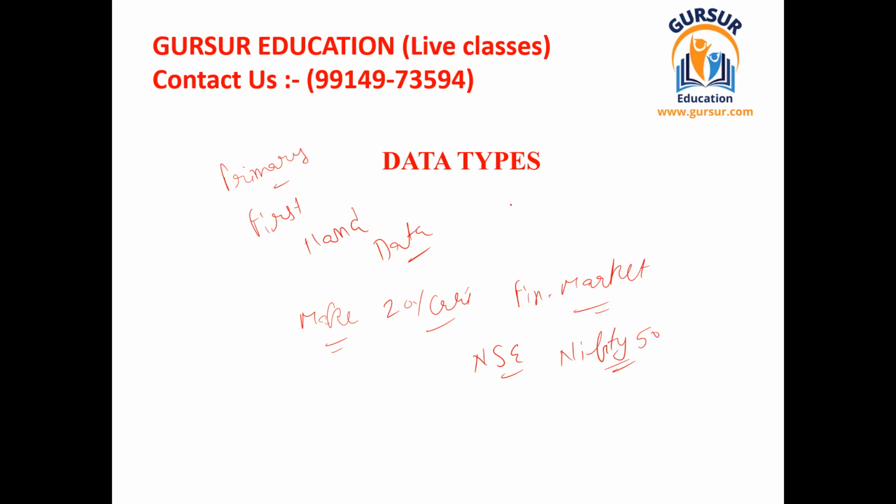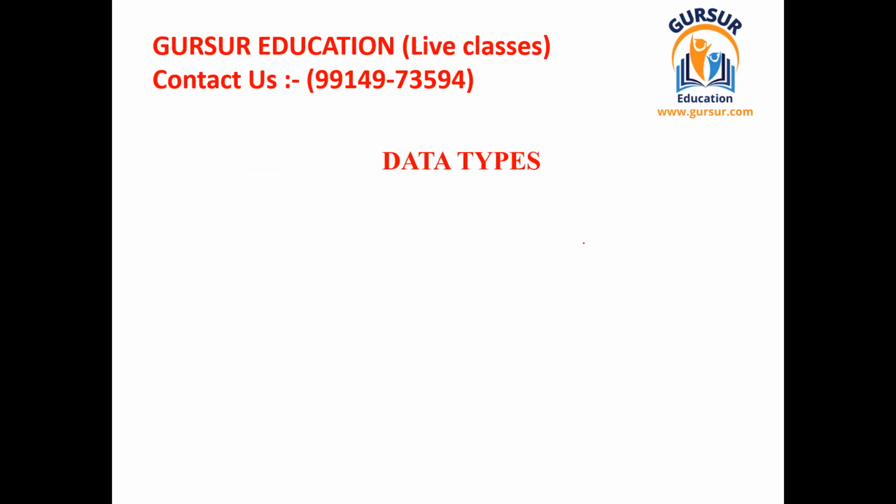I shall just open the website of NSE and download the data for the past 20 years. This kind of data is known as secondary data, the data which someone can provide you.